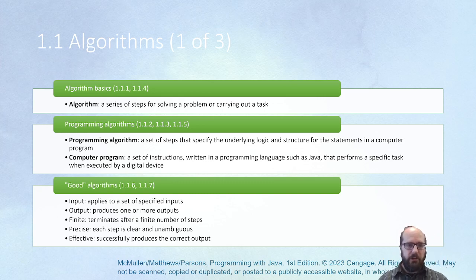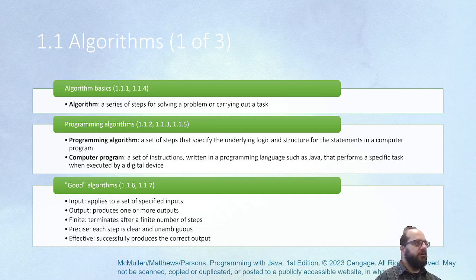Most programs, you want to have them stop at a certain point. And a good algorithm is precise in that the steps are clear and unambiguous. So we speak with a lot of ambiguity, but computers can't handle ambiguity very well. So we want to make sure that our instructions are precise and that the output we get is the correct output.